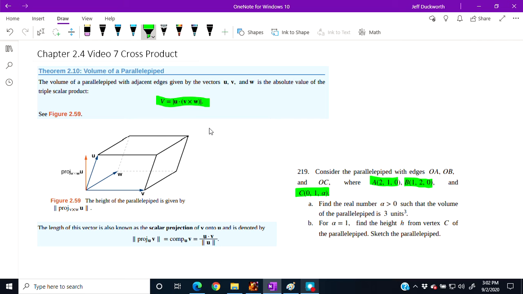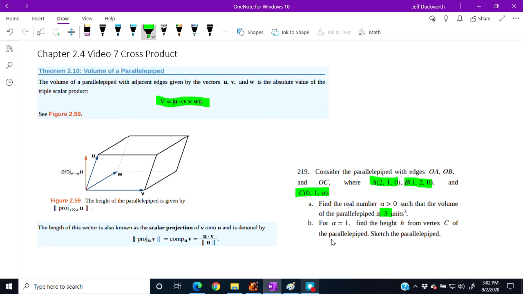We need to find a real number alpha, strictly greater than 0, such that the volume of the parallelepiped is 3 units cubed. So our volume is 3. All right, so that's given.